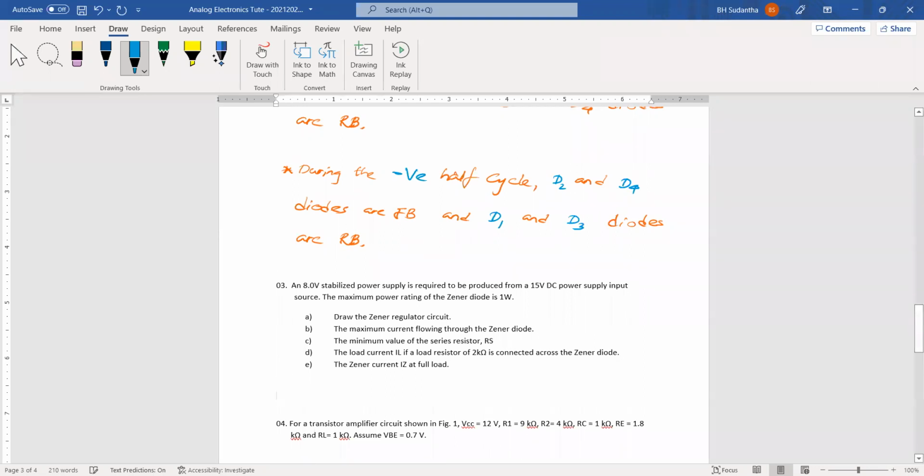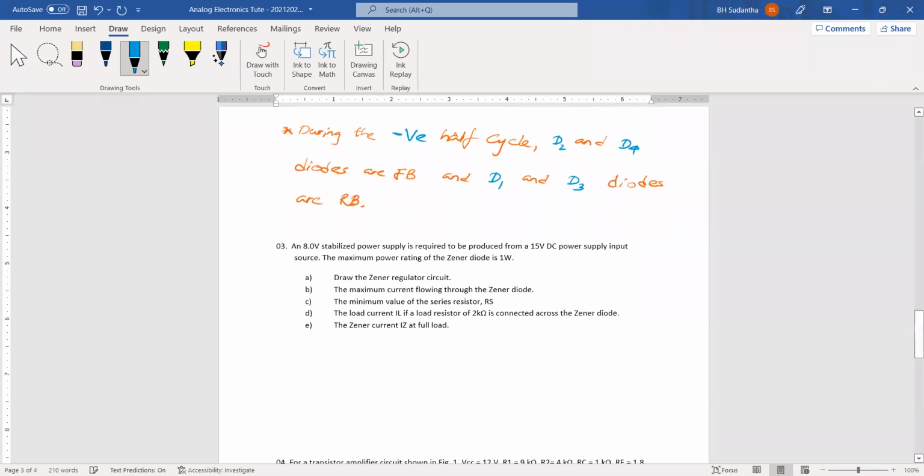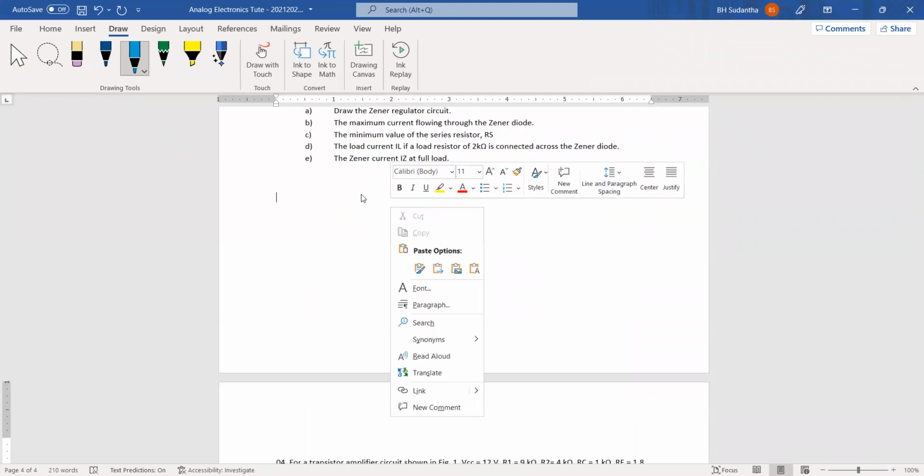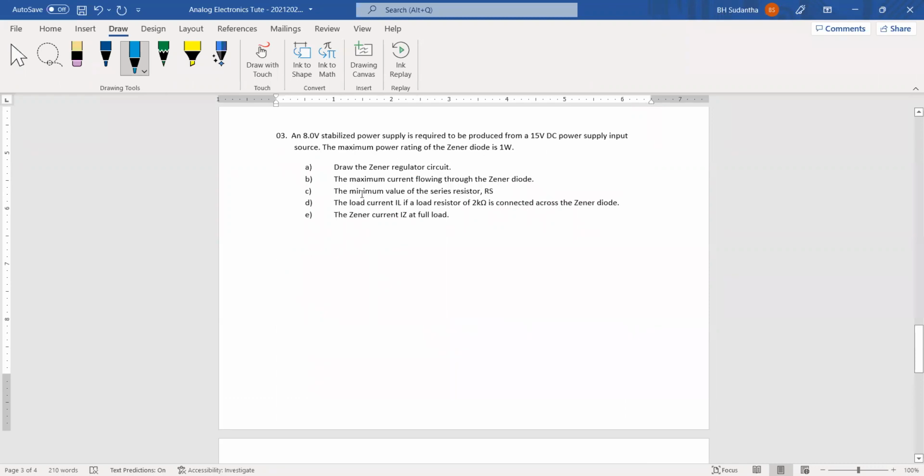Okay. Then this is the Zener regulator. Just draw the Zener regulator circuit, and after that we can find those two values.